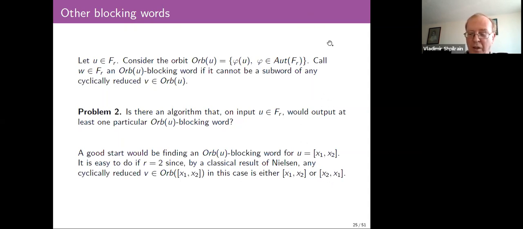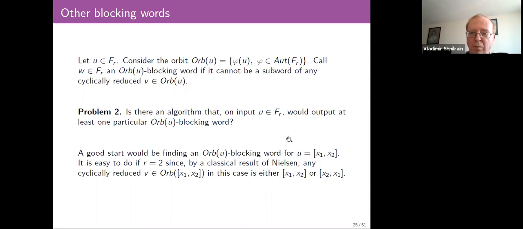So this is a spectacular sort of situation, right? Like most words will be orbit U blocking in this case. So there's only like a couple of words that are not orbit U blocking. This never happens in other situations.